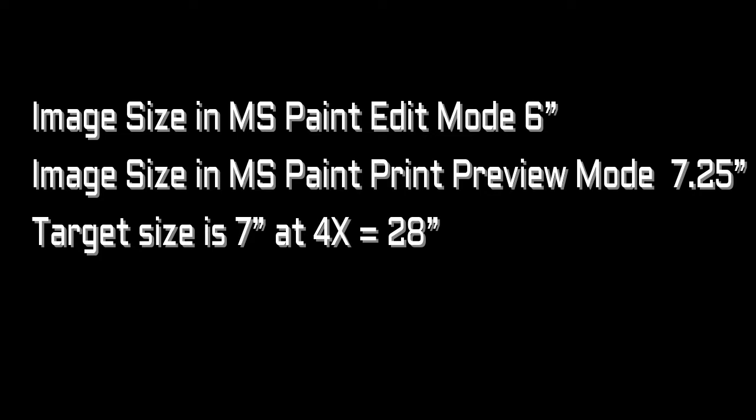Now our target size on the original image is 7 inches instead of 7.25, and that's because we intend, through enlargement, to double twice, so it'll be 4 times the original image size, which is 28 inches.